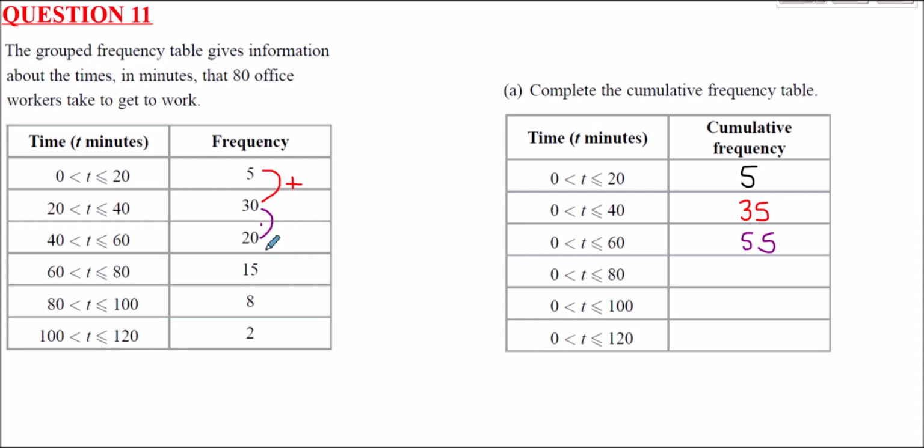Then we add 15 on. 55 plus 15 gives us 70. And keep going. Plus 8, that gives us 78. And finally, add another 2, gives us 80. So the completed numbers are 5, 35, 55, 70, 78, and 80.